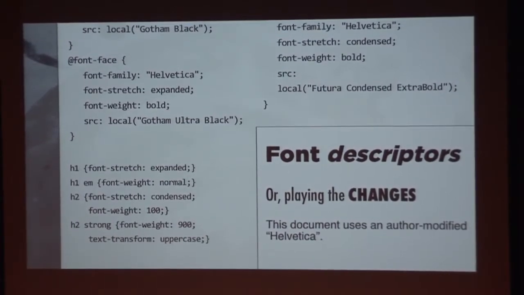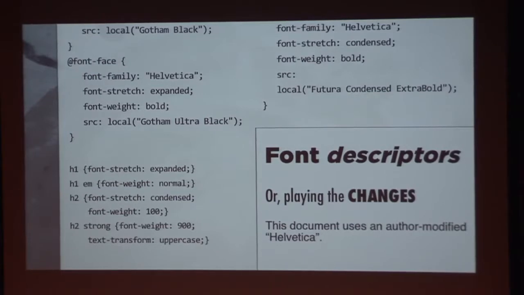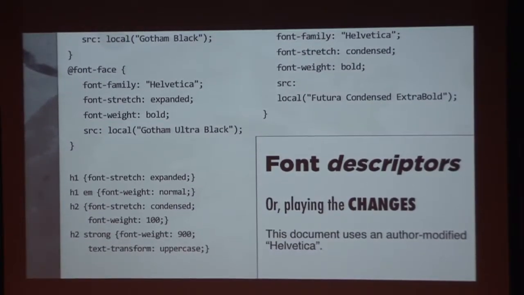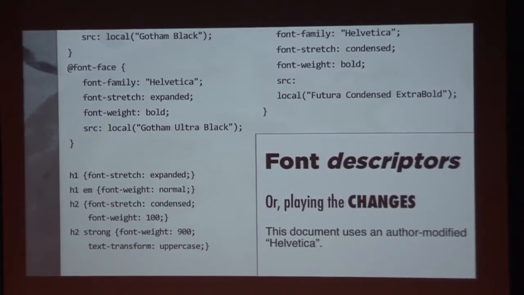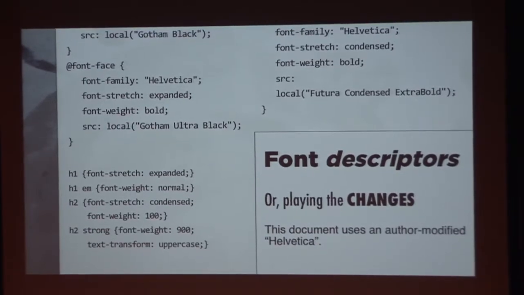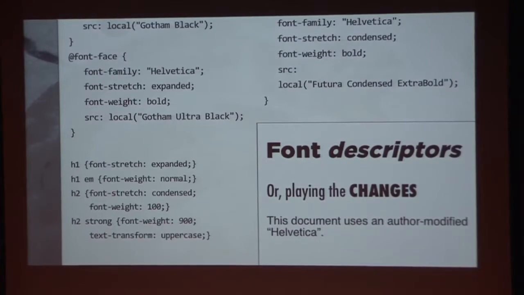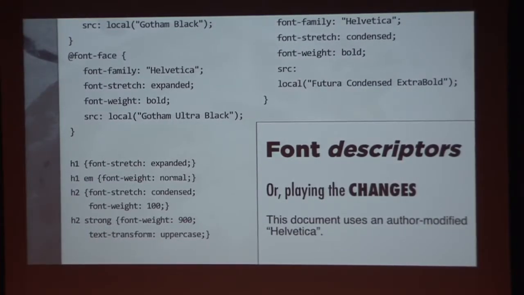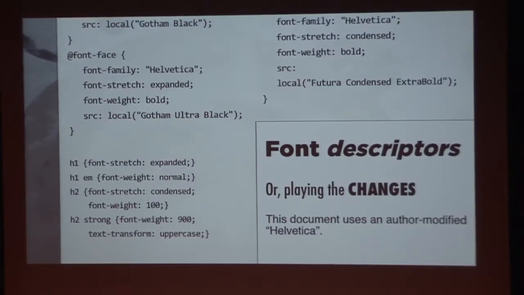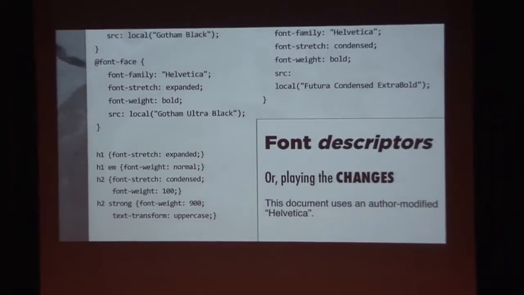And yes, to a certain degree, I can get away with this because I know that I have all of these faces local to my machine, so I don't have to worry about performance. But again, the concept here is that you can combine these descriptors in descriptive ways, strangely enough, so that you can have greater visual control.